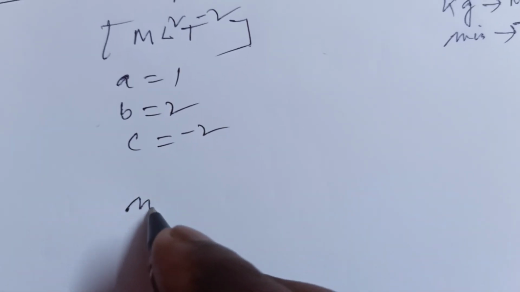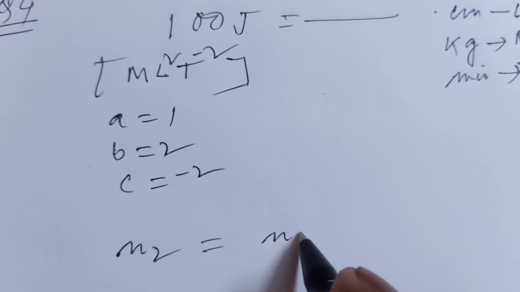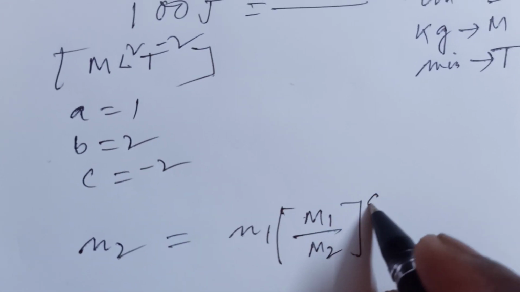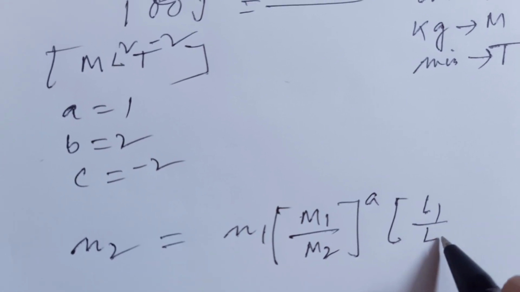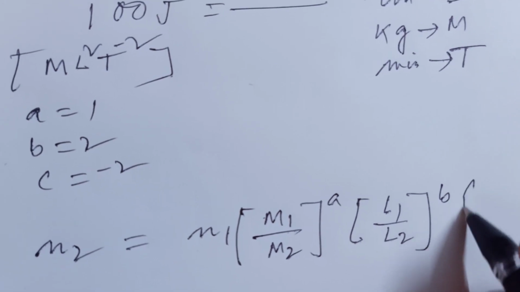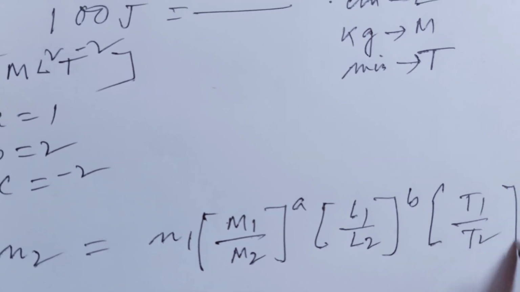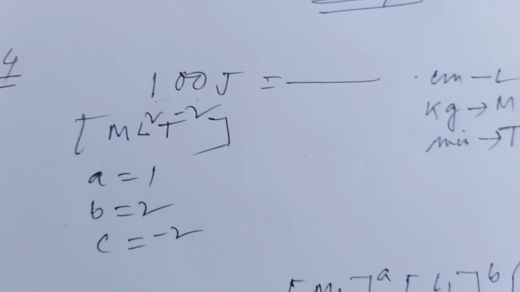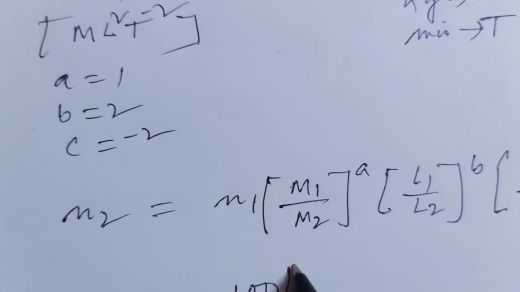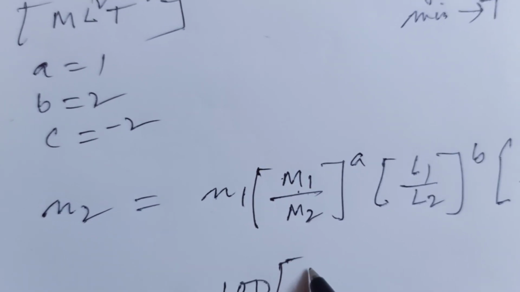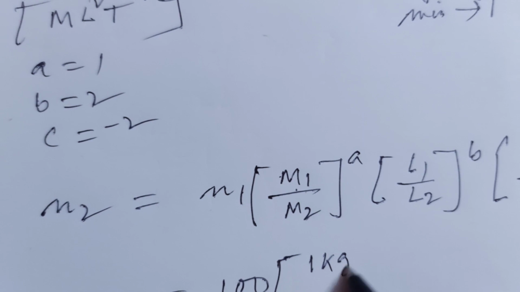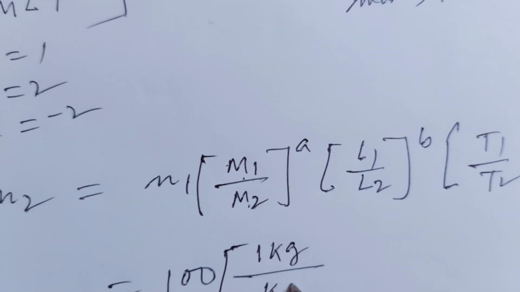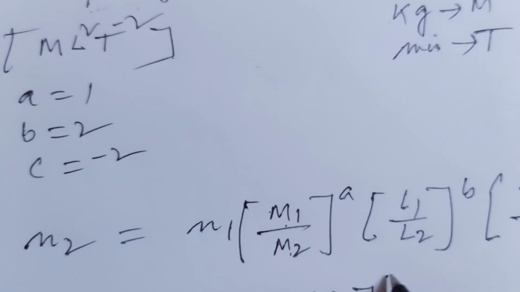So the answer is N2 equals N1 times mass ratio to the power of a, length ratio to the power of b, time ratio to the power of c. Here N1 is 100 joule. Mass in joule is kg, and here it is kilogram, so kg to the power of a means 1.